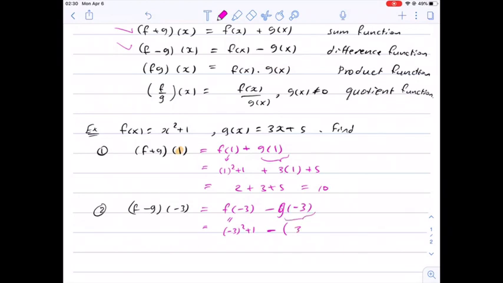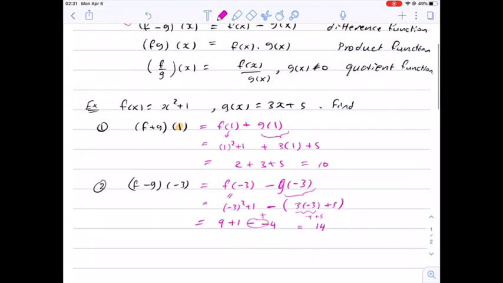Now we substitute negative 3 into g, we get 3 times negative 3 plus 5. Now negative 3 squared is 9 plus 1 minus negative 3 times 3, negative 9, plus 5, this is negative 4. So this is equal to 14.